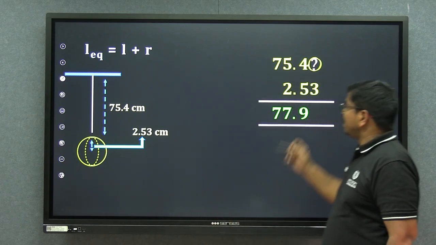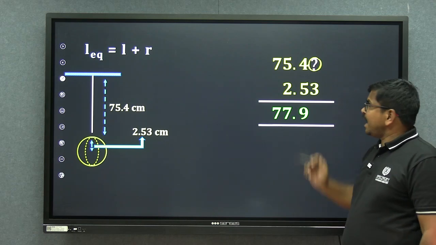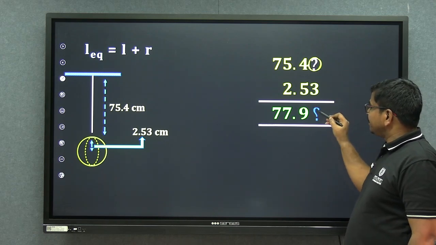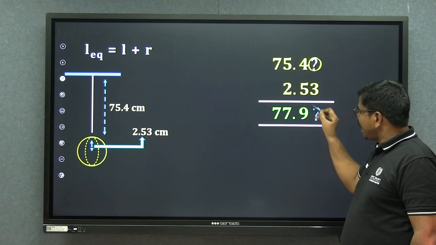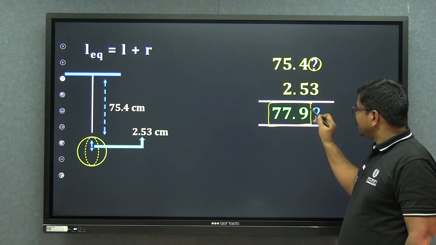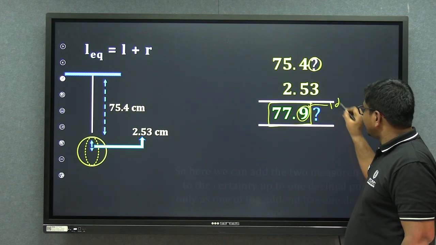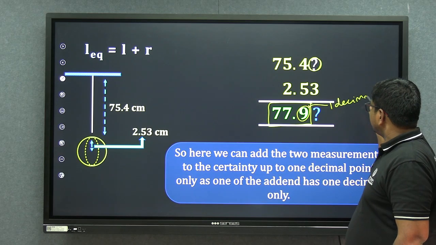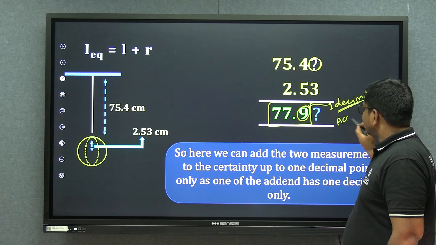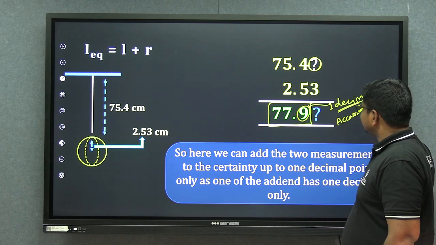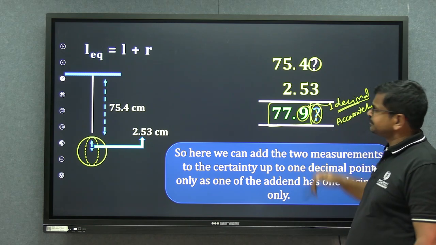That is why we could not measure this point. And as I don't know this one, even here also I don't know. I can measure or I can add up to 1 decimal only, accurately. Up to 1 decimal point only I can measure accurately. Beyond that I don't have accuracy. This one is not accurate.